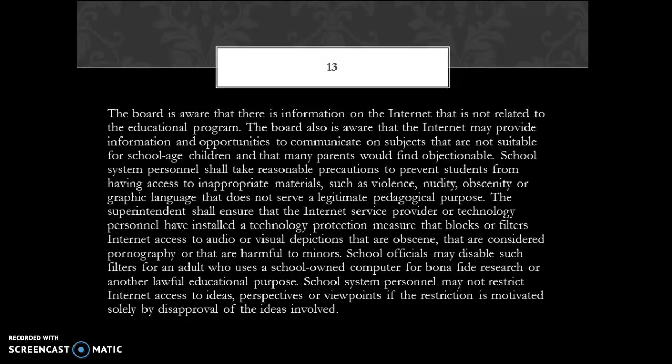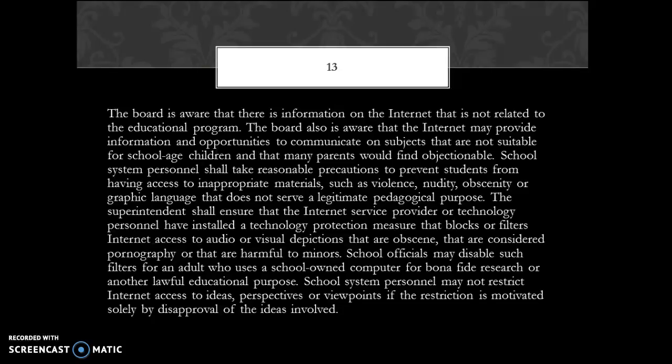The superintendent shall ensure that the Internet service provider or technology personnel has installed a technology protection measure that blocks or filters Internet access to audio or visual depictions that are obscene, that are considered pornography, or that are harmful to minors.